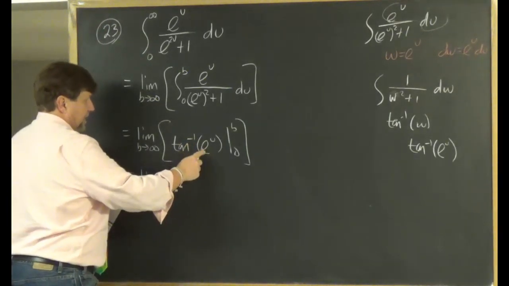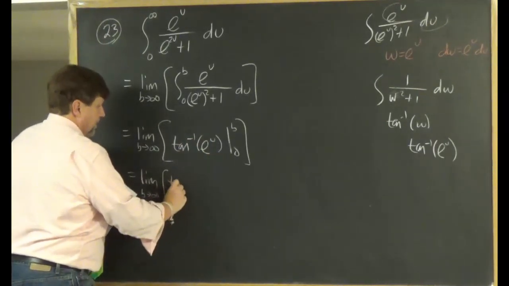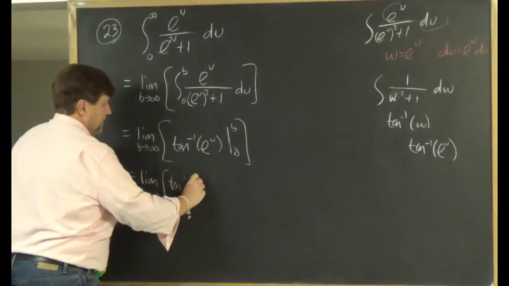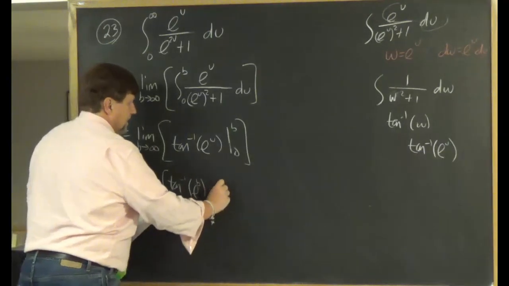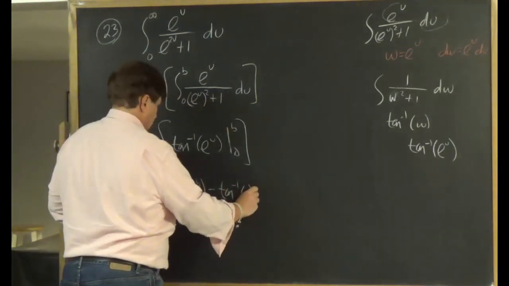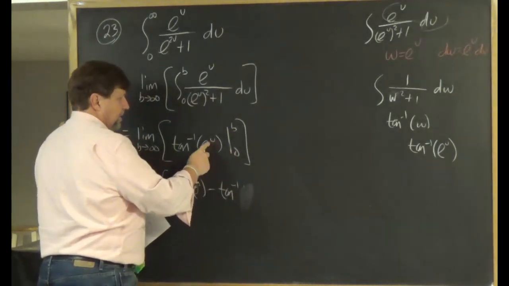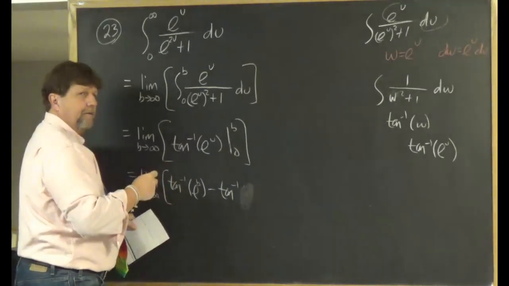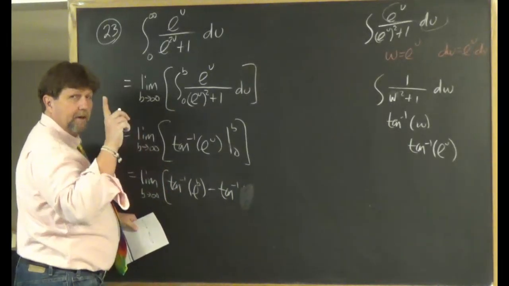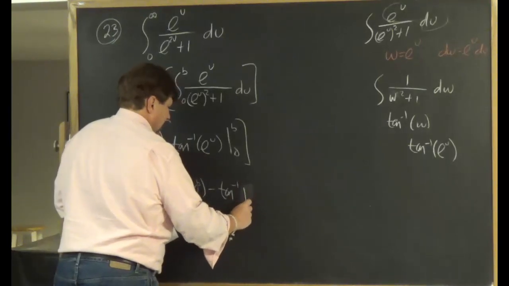Inverse tangent of e to the b minus inverse tangent of e to the 0. When 0 comes in, I have e to the 0. E to the 0 is 1. So it's inverse tangent of 1. That's kind of nice.